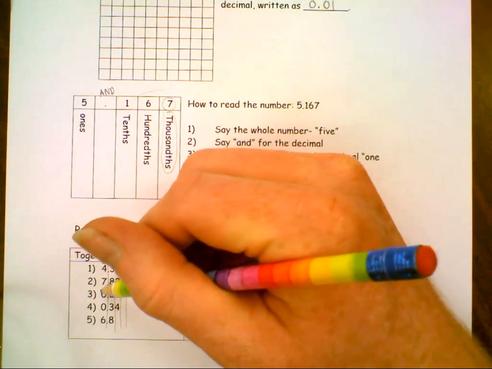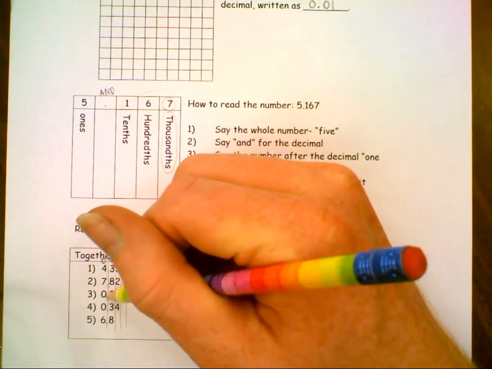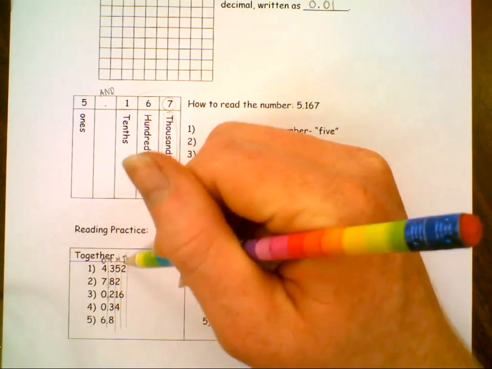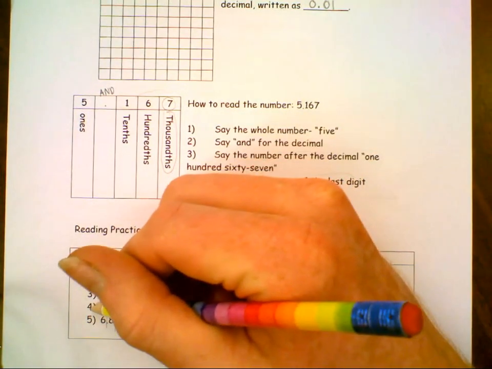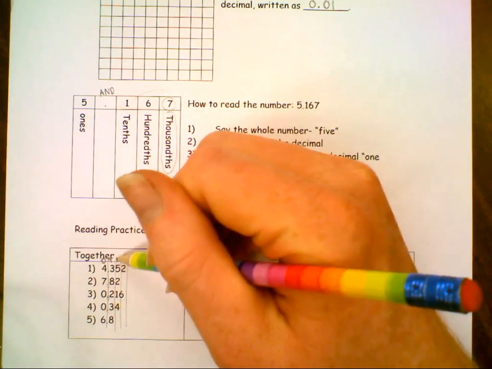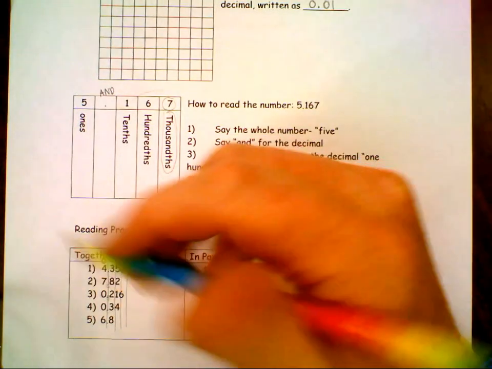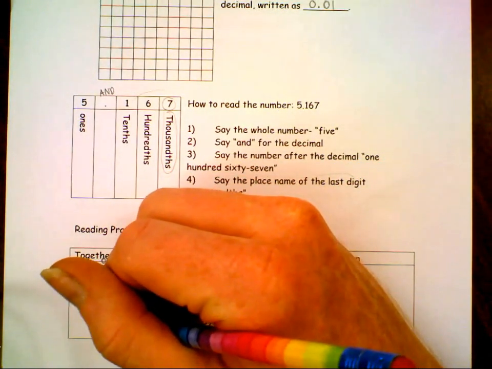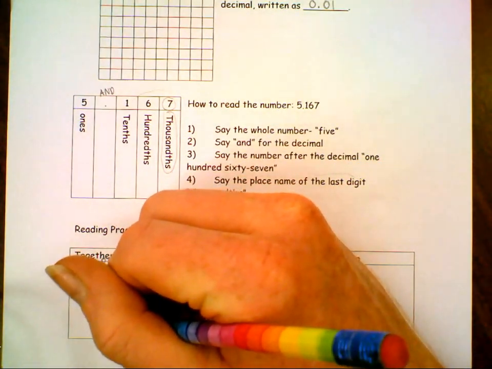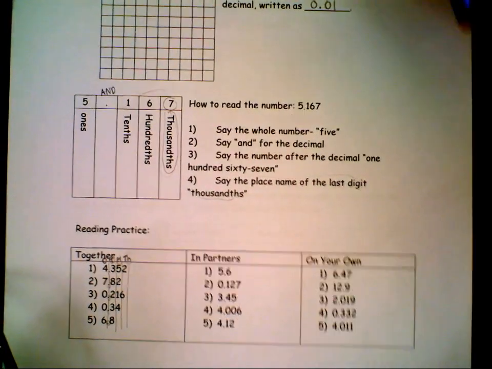We say the 0 if there's a 0 there. 0 and 216 thousandths. 0 and 34 hundredths. Oh, sorry, that's the number, not the problem. 6 and 8 tenths.